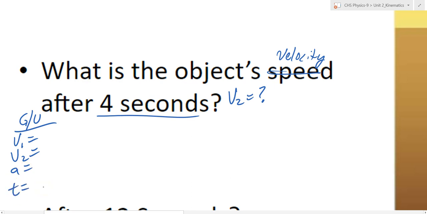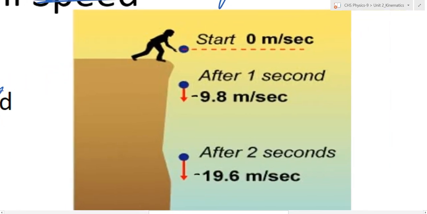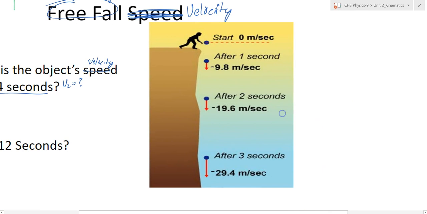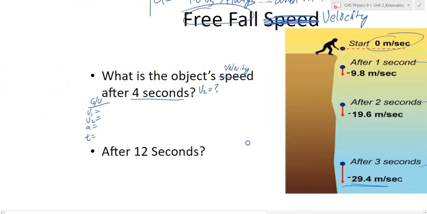If you remember the hint from before, it doesn't even talk about what's going on here. Here's a picture of what's happening. If we start at rest, so 0 meters per second, at 1 second it's going that fast, 2 seconds that fast, 3 seconds it's going faster than that. So we'd expect our answer to be a bigger number but a more negative version of 29.4. So that's where we're going with this.